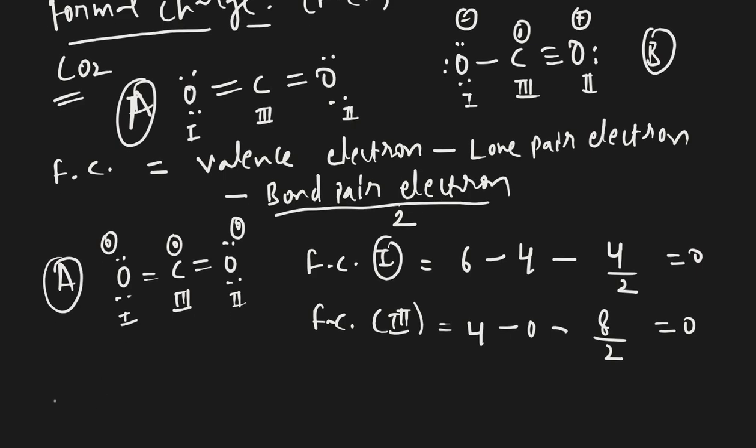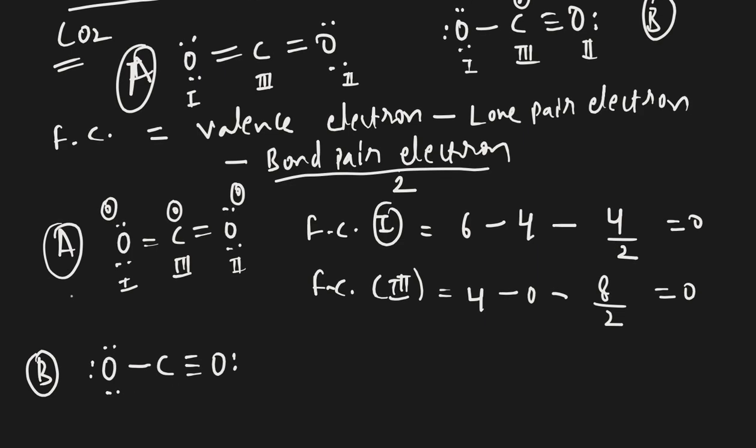Now let's move to the structure B. Oxygen, carbon, triple bond. 1 2 3 4 5 6 and 1 2 this. And this is considered as 1, let's say, this is 2 and this is third.